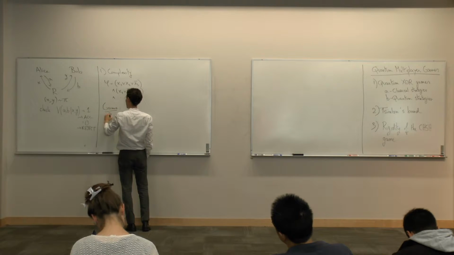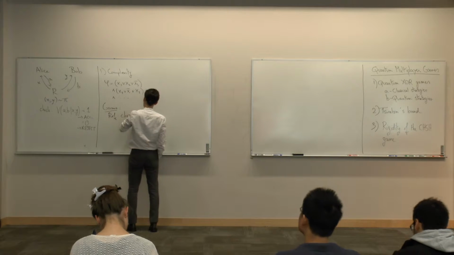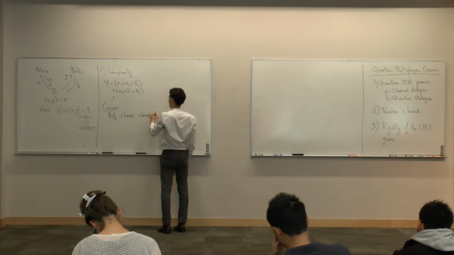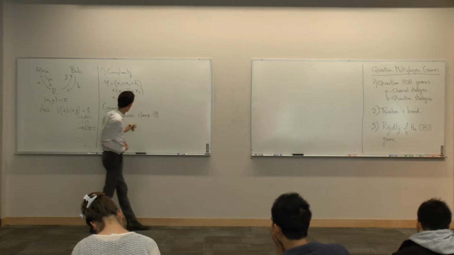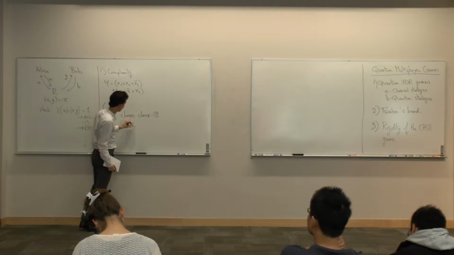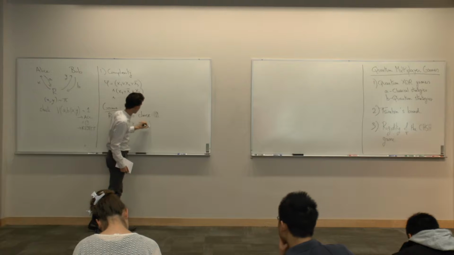So what's the game like? What the referee does is choose a clause, let's call it C. For example, the second clause, so let's say C equals x4 or x1 bar or x2, chosen at random.